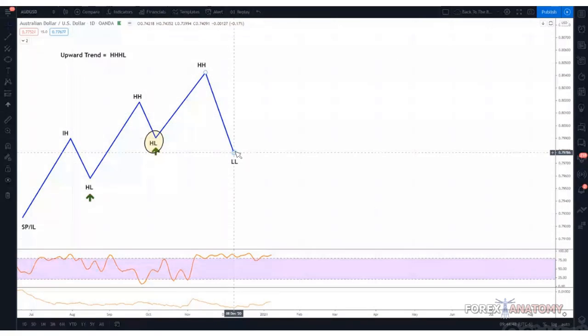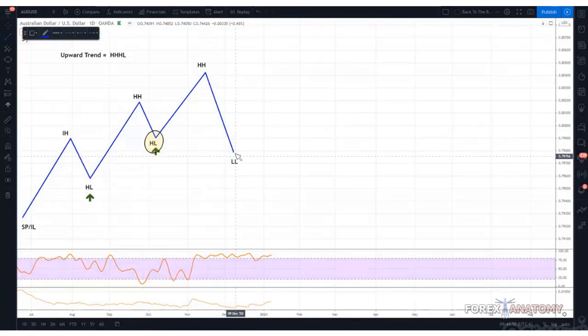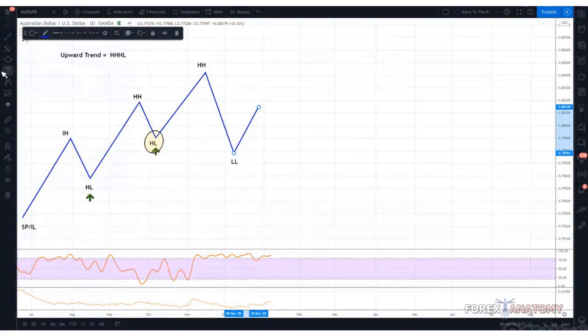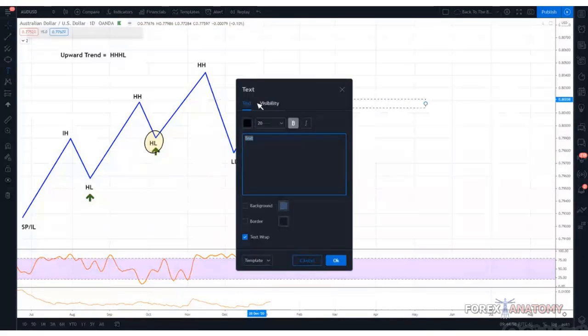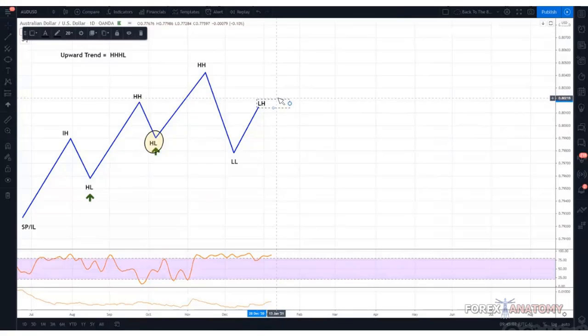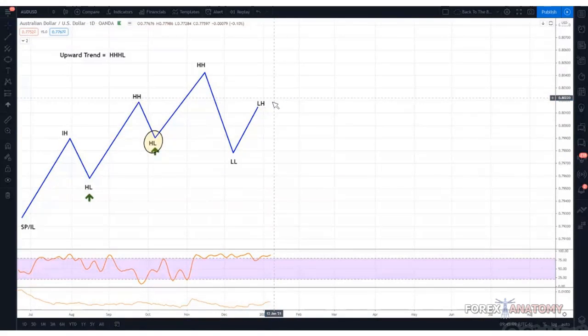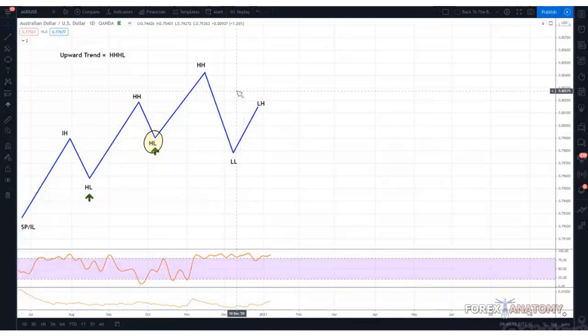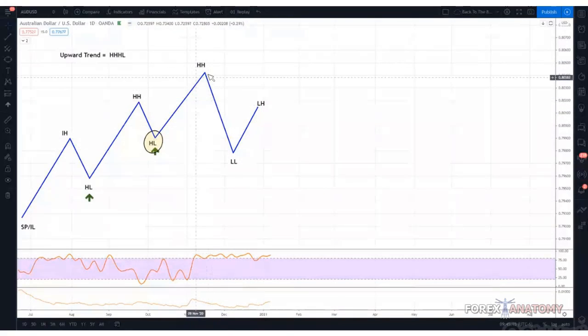Following a lower low, what we would typically see is a lower high, or LH. So we see this lower high because this high right here is lower than this previous high where the peak is right here.